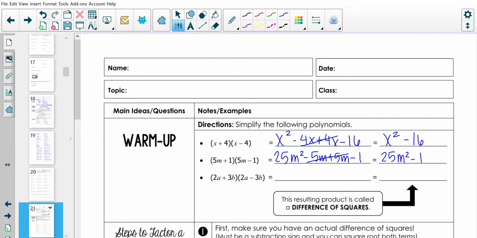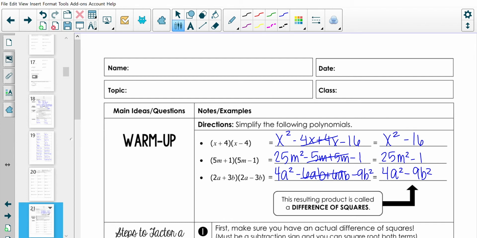And on this last one, you would get 4a squared minus 6ab plus 6ab minus 9b squared. And again, your middle cancels out, and you end up with 4a squared minus 9b squared, okay?